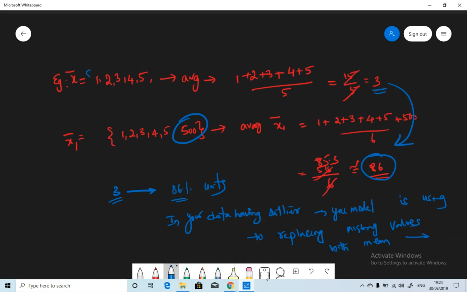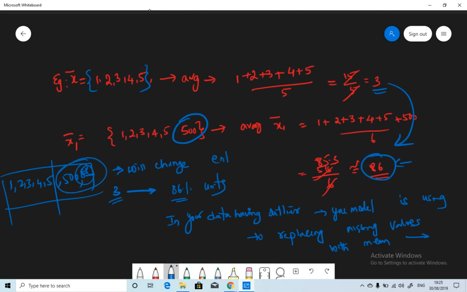The values are in this range, but you are replacing with this range. Here I have 1, 2, 3, 4, 5 and 500 and I want to fill this data. The pattern is changed. My average will be 86. These two are outliers. This will screw my model. It will change the entire scenario.